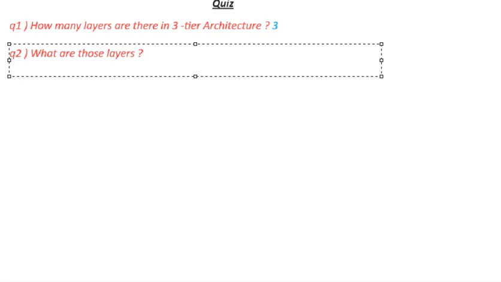Those three layers are the client layer, the application layer, and in the end, the database layer. So these are the three layers. Developers can also call the client layer the presentation layer.